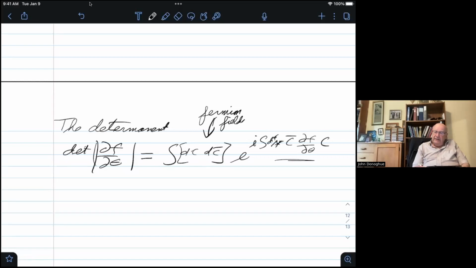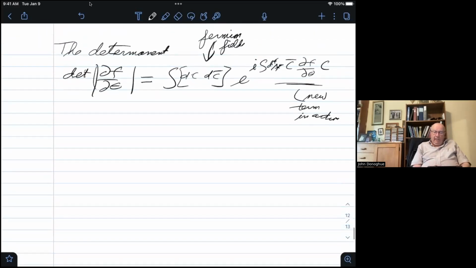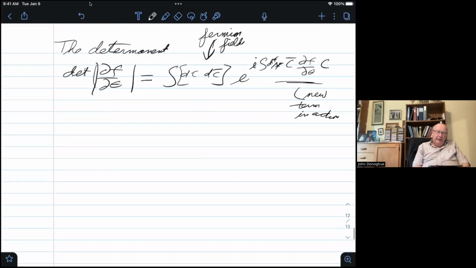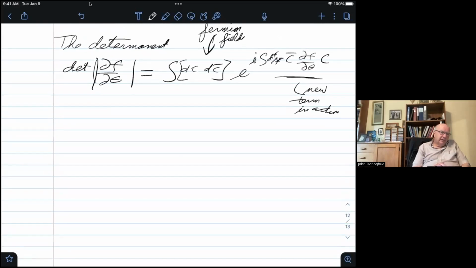And so this is then a new term in the action, which is the ghost term.